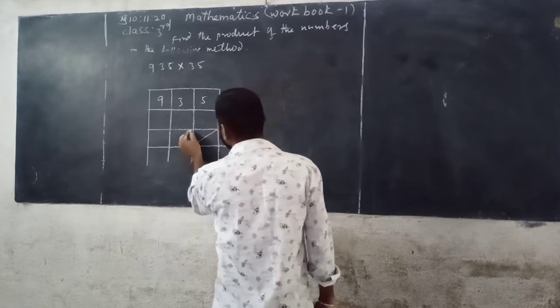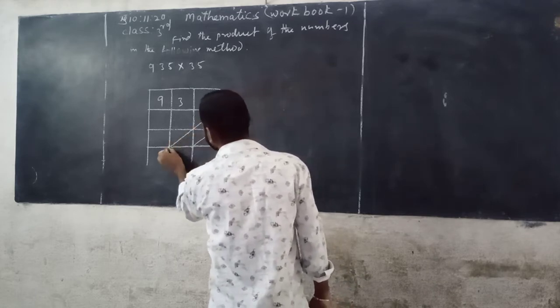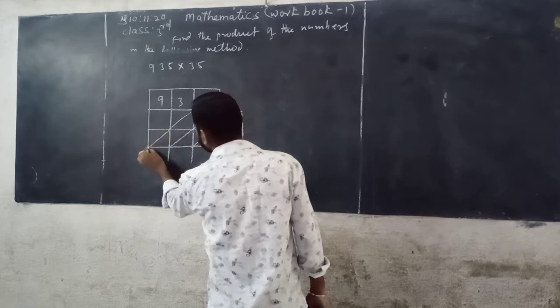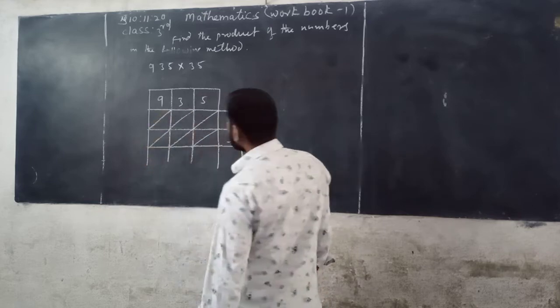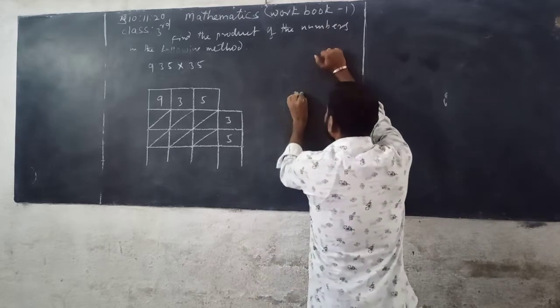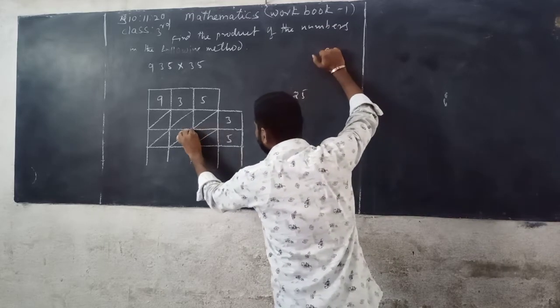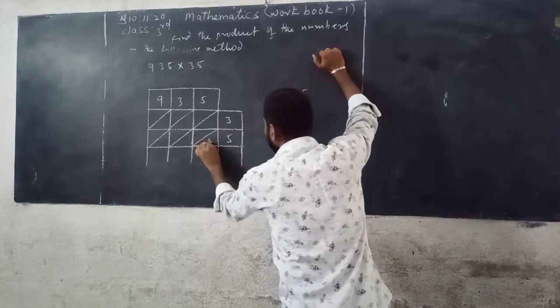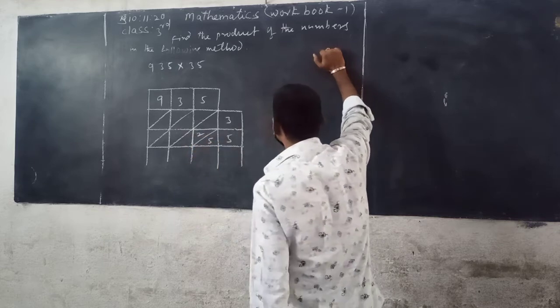So draw diagonal for each cell. So 935 first multiplied by 5. 5 5s are 25. So we have to take this cell. Then you can write 5 below of the diagonal, and we have to take 2 above the diagonal.